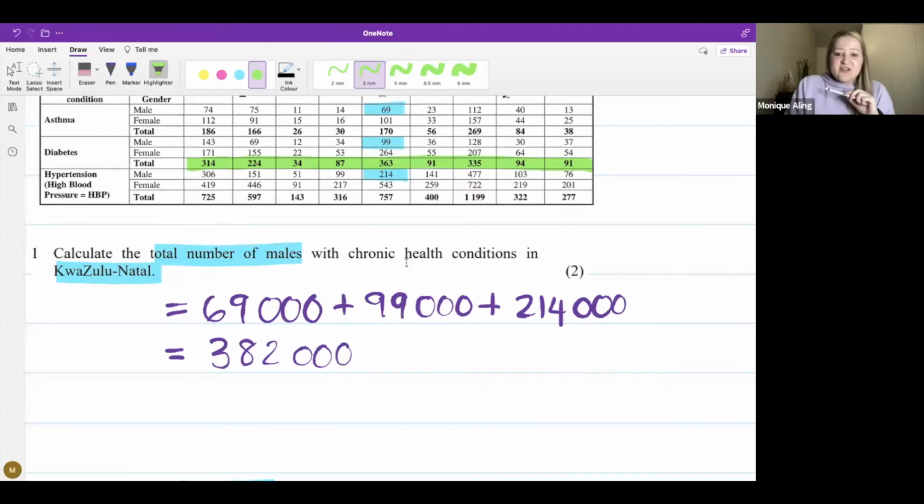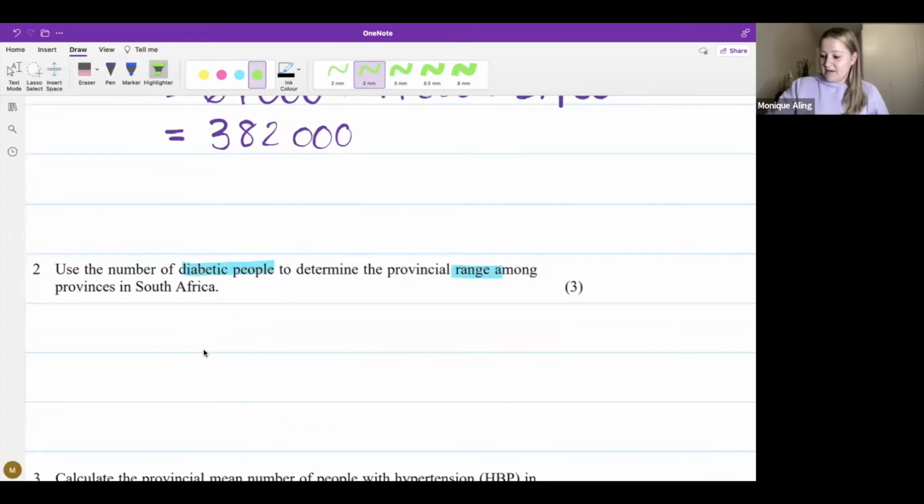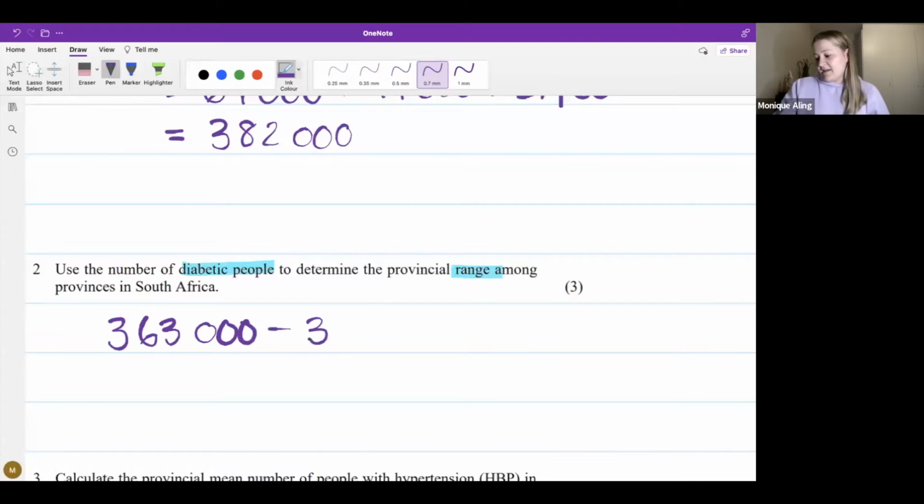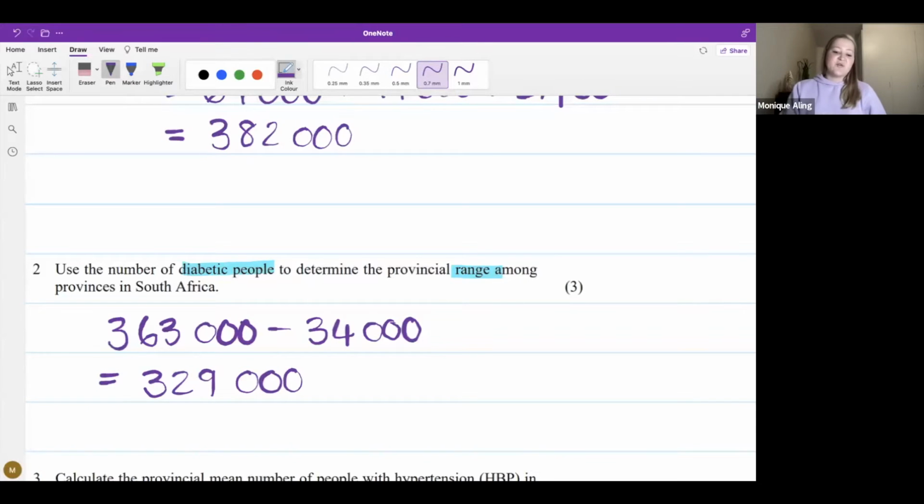I see Luyanda's already got the answer for us. I see a lot of you have told us how to work it out. Fantastic. Funo also given us the correct answer. Okay. So we take our highest number, which is 363,000 minus 34,000, which gives us 329,000.